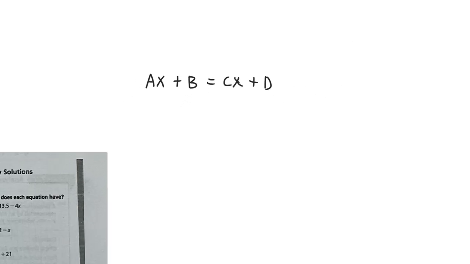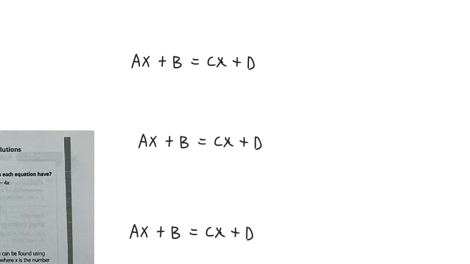Well, it's important to recognize that often these equations will be of the following variety, where you have an x term on one side and an x term on the other side, and also a constant on one side and a constant on the other side.